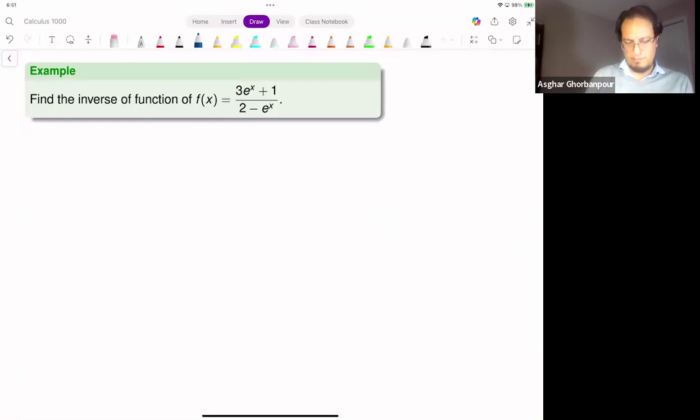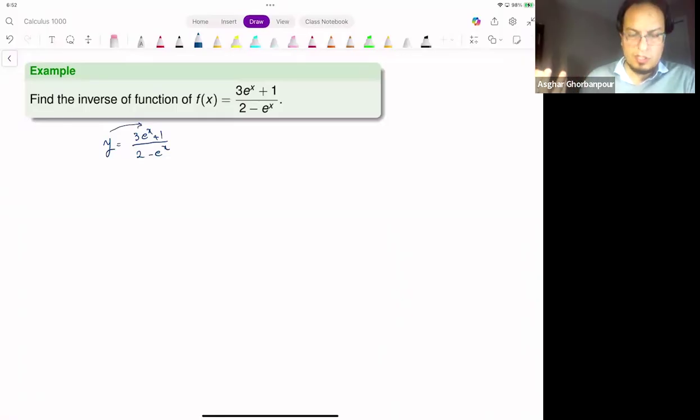Okay. So remember that a function has an inverse if it is one-to-one, at least in the setup that we have. Basically, you want to say that 3e to the power x plus 1 over 2 minus e to the power x is how y is related to x.